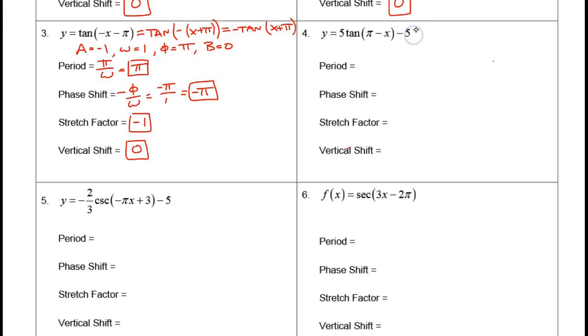I'm going to do kind of the same starting point I did before. I need to get it in the standard form of the tangent transformation function, and I've already made a mistake. This should be minus right here.